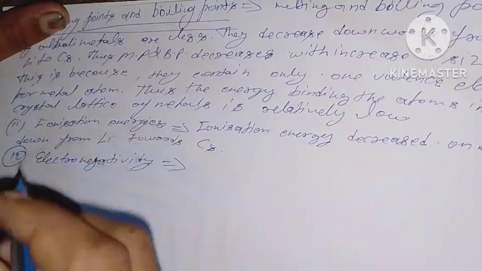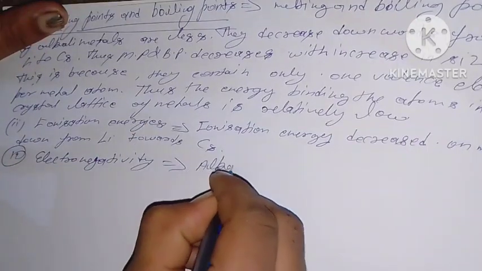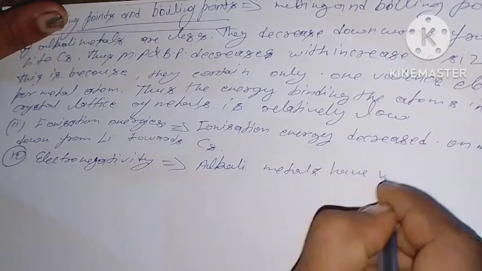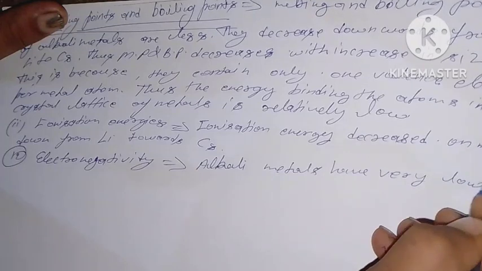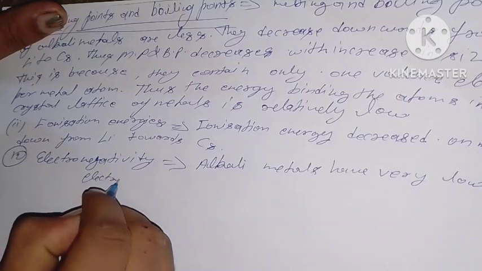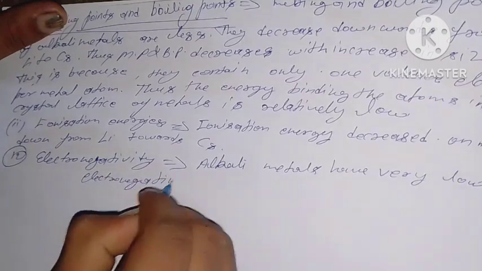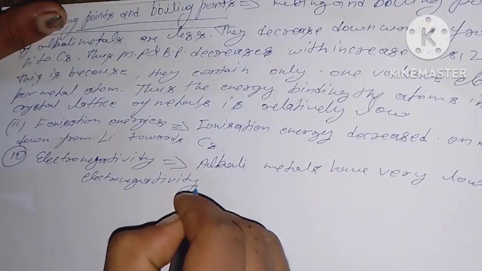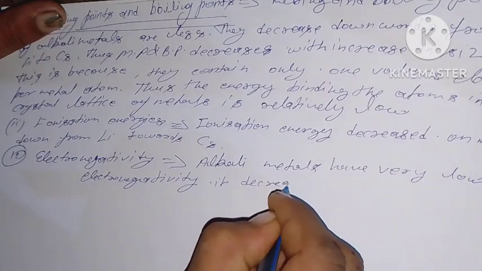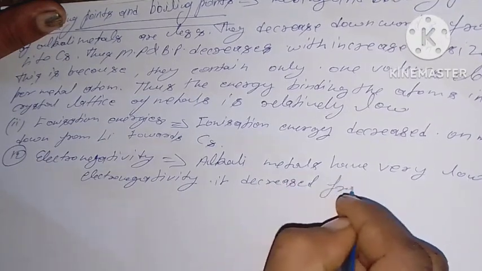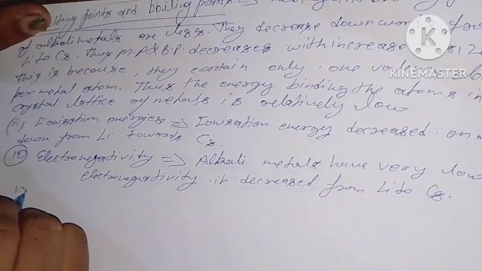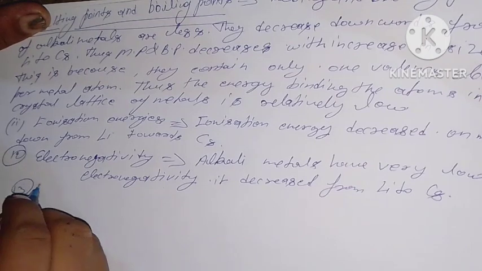It decreases from lithium to cesium. Next, the 14th point, flame coloration.